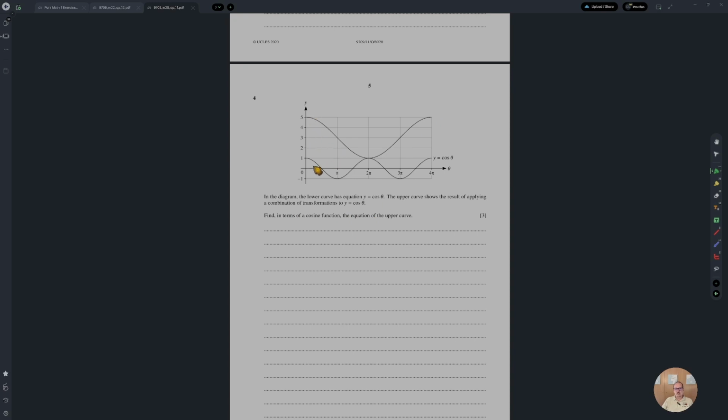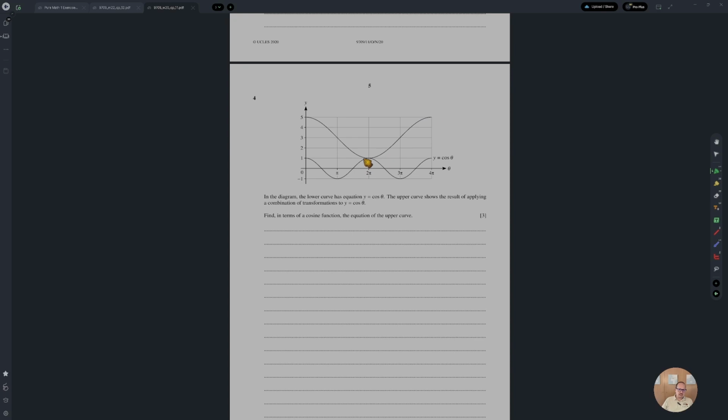So what happened here? Now compare. How many cycles do you have here? You have 1, 2. How many do you have on top? You have 1. So there is a transformation over here. What is it? This is a stretch with scale factor 2, a horizontal stretch with scale factor 2. So here you have one thing.